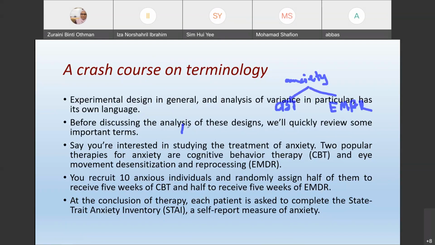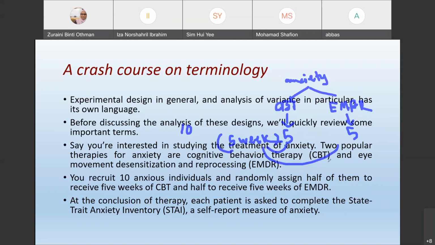Let's say we have 10 individuals, so we randomly pick 5 for CBT and 5 for EMDR. The duration for this study is 5 weeks, the same duration for these two.